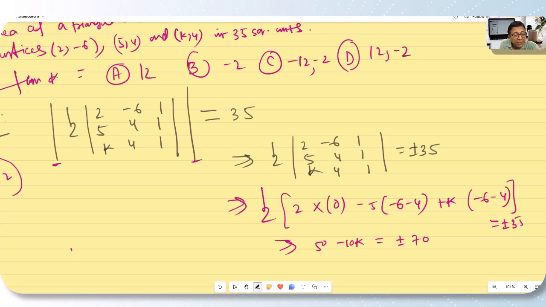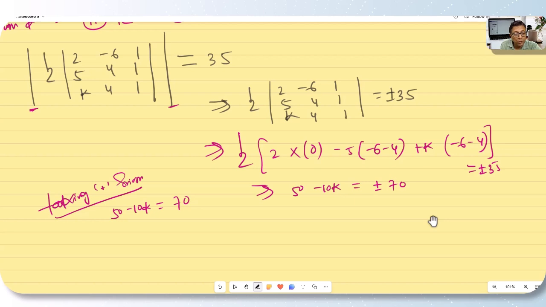So taking plus sign, this is equal to 17. Therefore, K equal to minus 2.